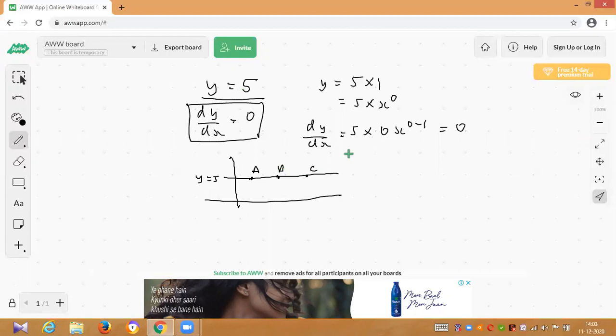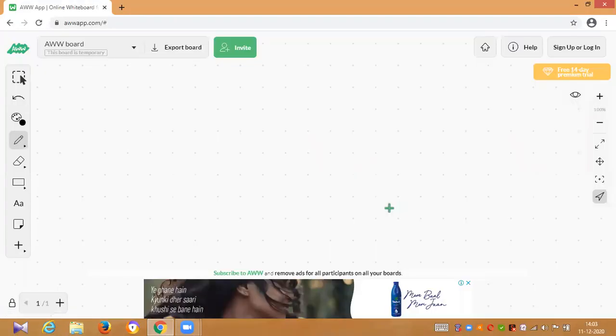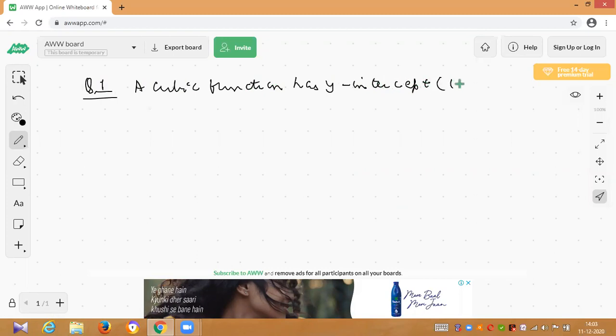Now we'll be discussing a very important concept from the exam point of view. Please look at the question carefully. A cubic function has y-intercept 0 comma 2.